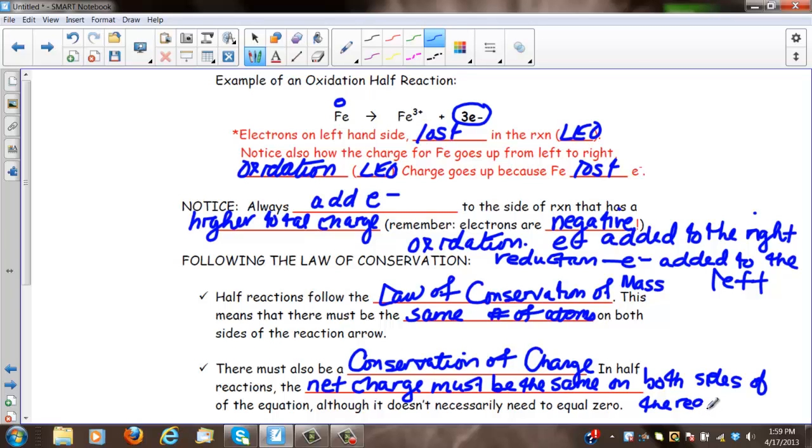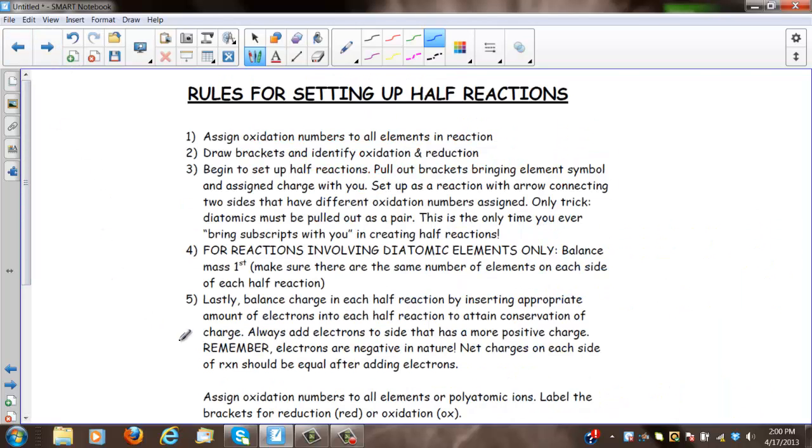Now, although you must have the same charge on both sides of the reaction, it does not mean that they must both be 0. They can both be +1 and +1, -2 and -2. It just means that the charge must be the same.